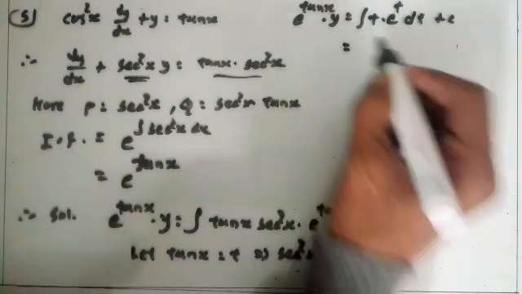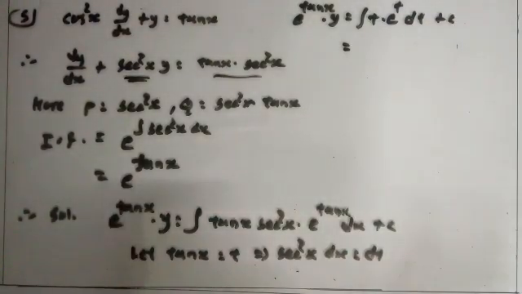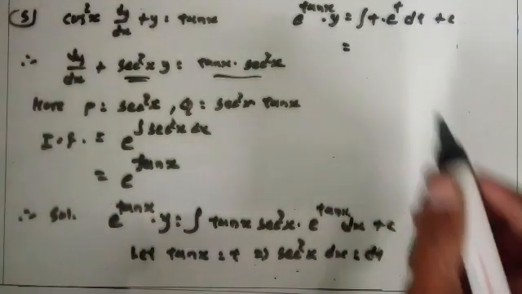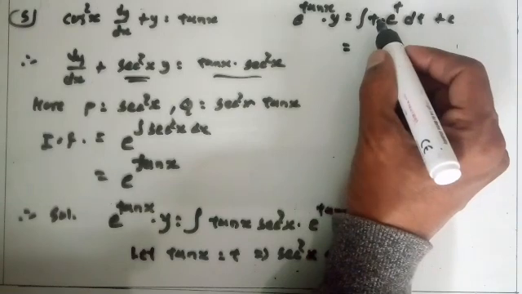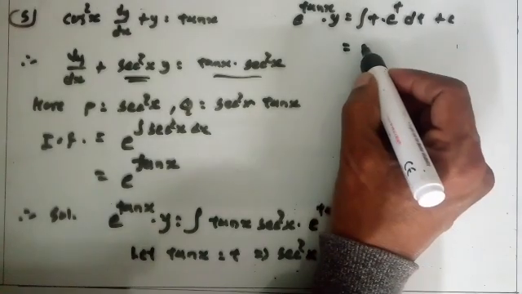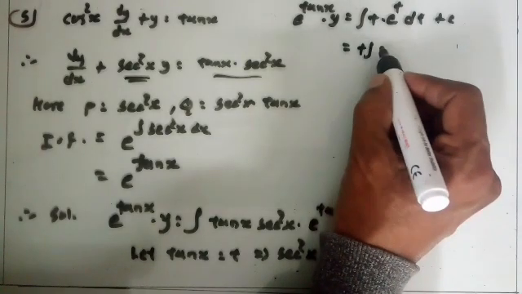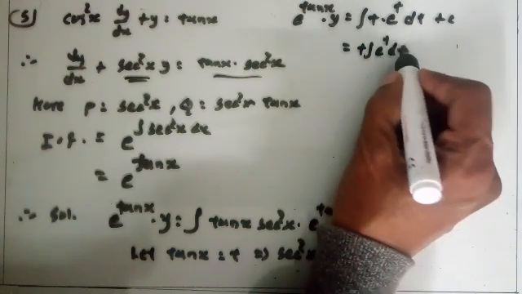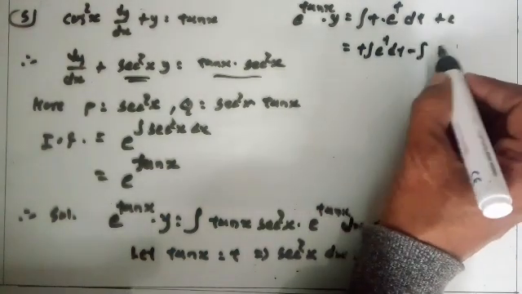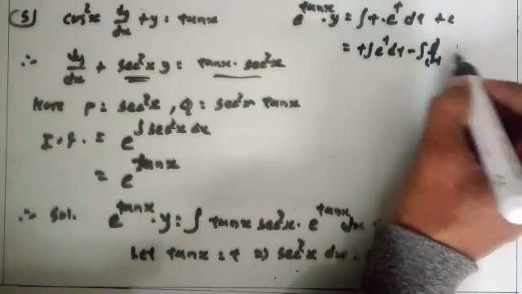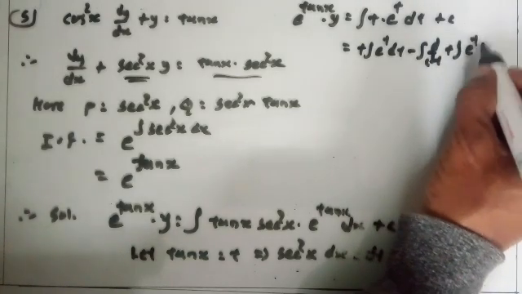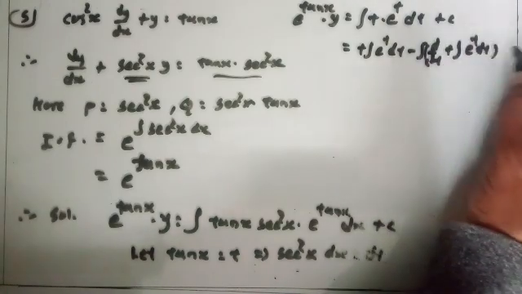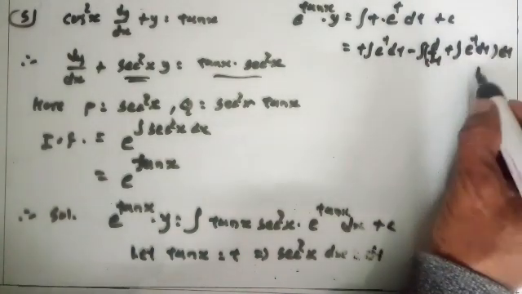Now find the integration of this by integration by parts. Here, t times the integration of e raised to t dt, minus the integration of the derivative of t with respect to t times the integration of e raised to t dt, whole dt, plus c.